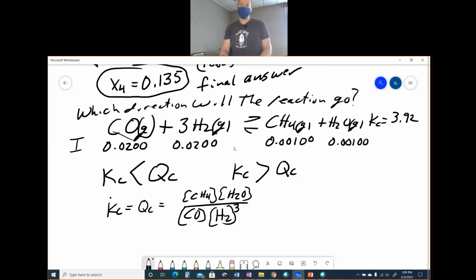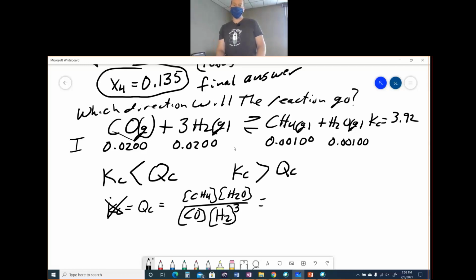So we just plug in the numbers. Now, when we're plugging in these initial numbers, we are not looking at the Kc. The Kc is only at equilibrium. Anytime you are not at equilibrium, you are calculating a Qc. So we are calculating our initials.